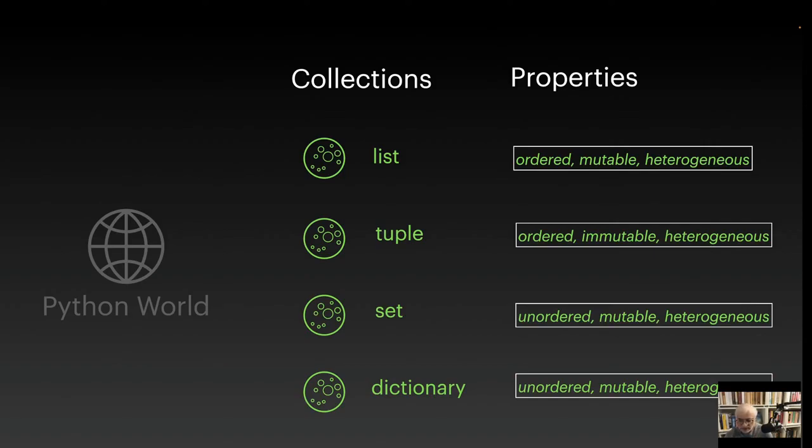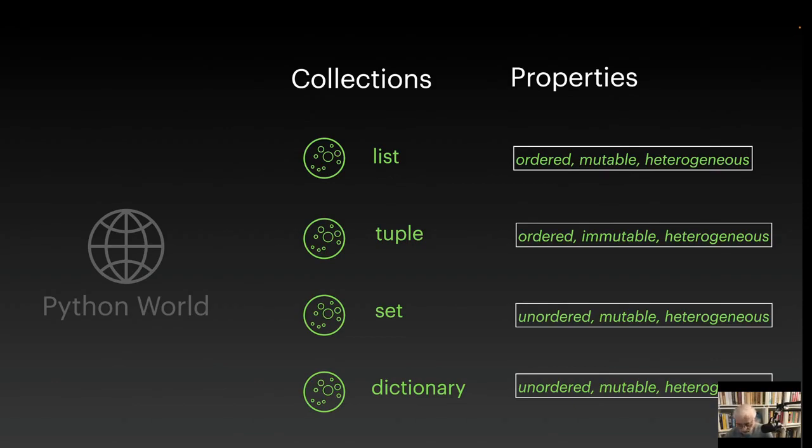In that sense, the data type of a matrix or an array in the NumPy library is homogeneous. You can't add Boolean or character data elements to that data type. Okay, so I've said a lot, but I wanted to have on one slide three important properties of collections: ordered versus unordered, mutable versus immutable, and homogeneous versus heterogeneous.